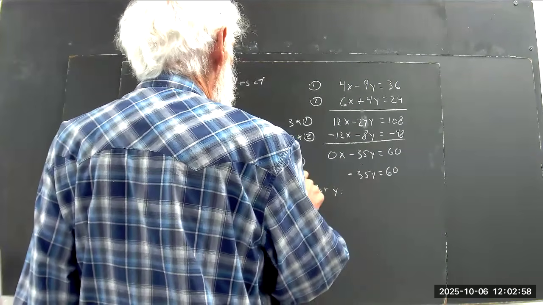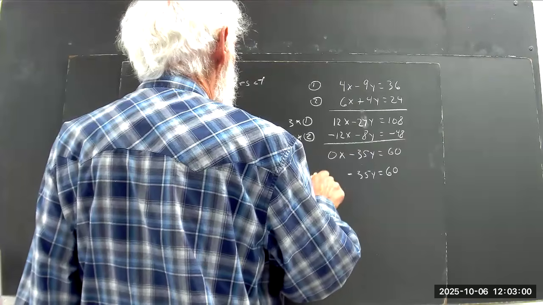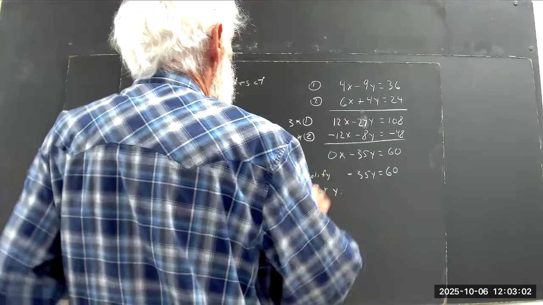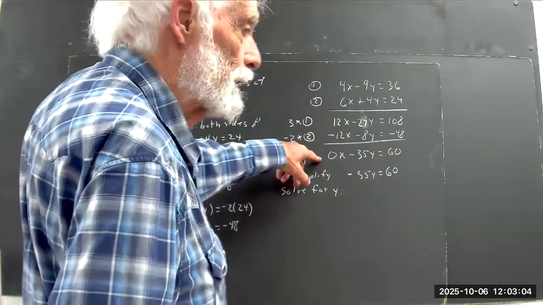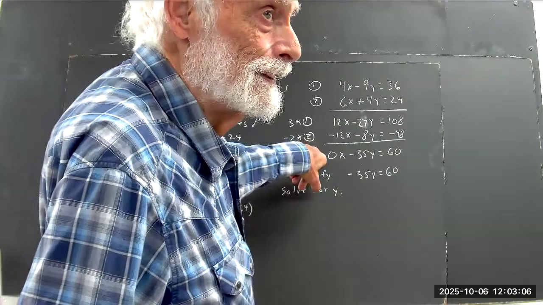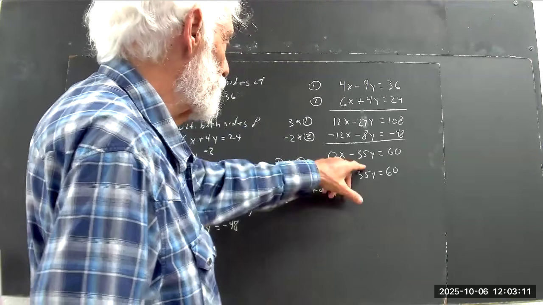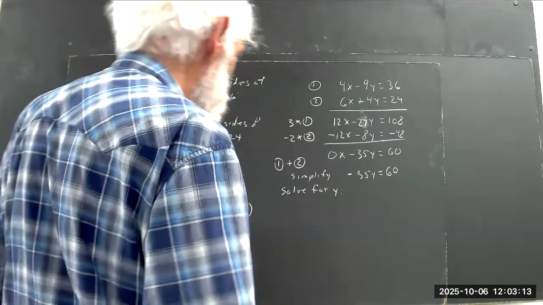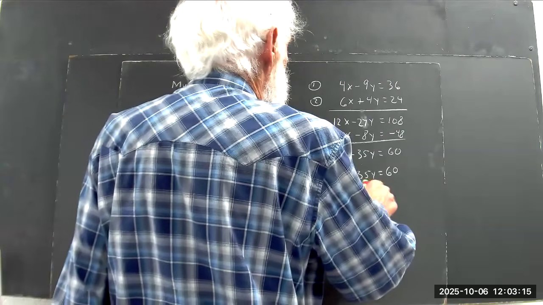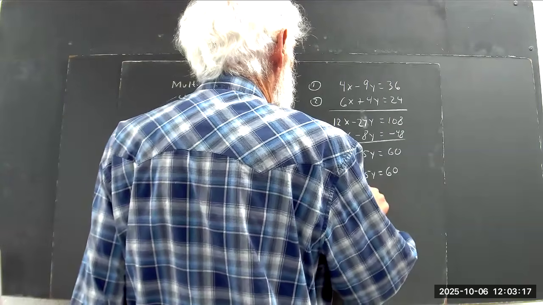We solve for y. Now what we did here, we simplified the equation by getting rid of that 0x, because that's just 0. It's optional whether you write it down here or not, but I'm going to be really complete when I write these things down. And -35y equals 60, how do we solve that?